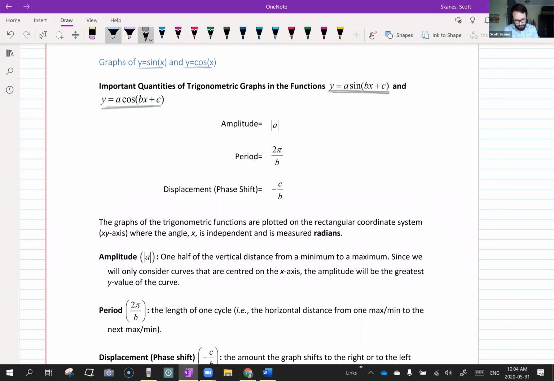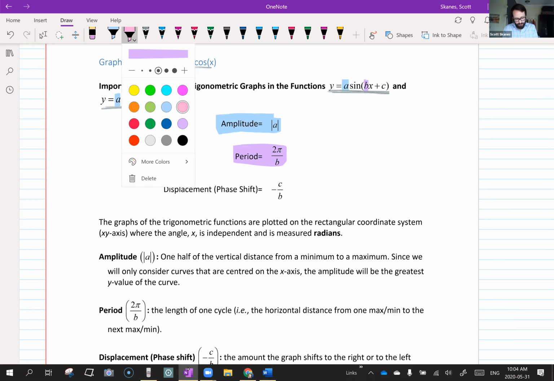And there's 3 pieces that you need to be aware of. One is the amplitude, which is related to the A value. So you'll notice there's an A in here. Another one is the period, which is not the B value, but it's related to the B value.